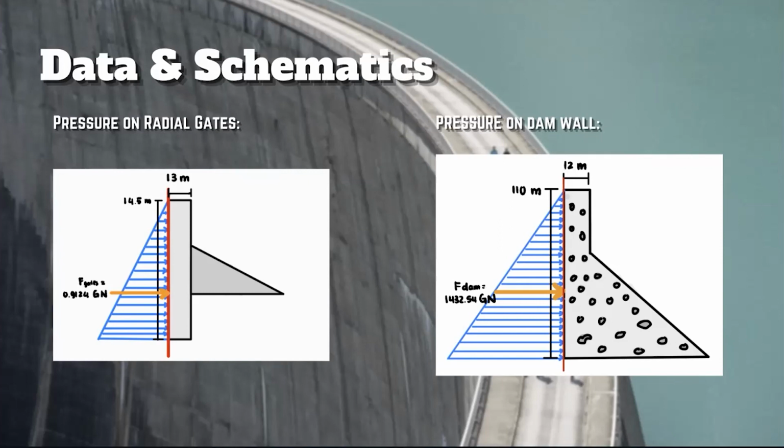Next is the pressure on the dam wall, where the dimension is 12 by 110 by 1,715 meters. The calculation will be discussed in the next slide.